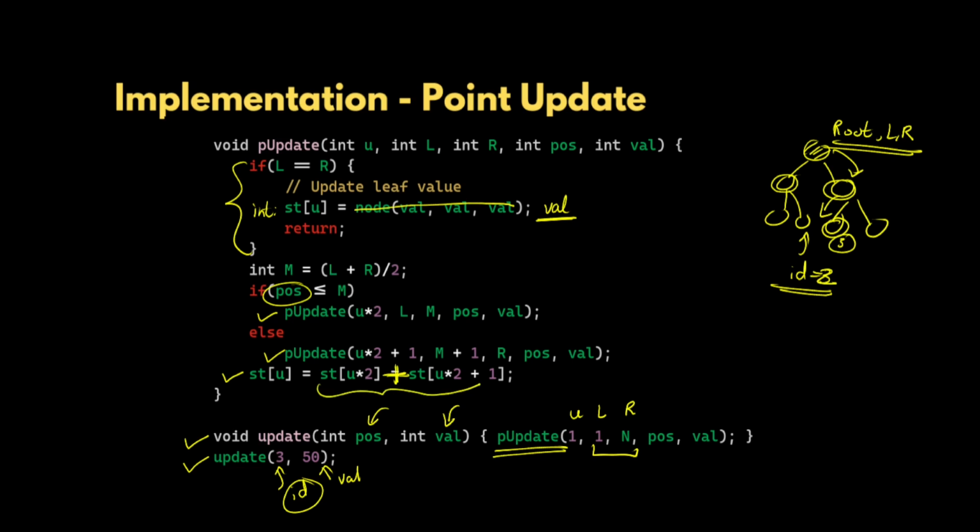Since we are storing the sum of nodes inside the segment tree, we will find out the values for all the nodes from the root to the node that we have updated. So let's say index 3 needs to be updated. We have updated it to 50 by recursively reaching it from the root to the node, but these values also need to be updated. Once this is done, this will be updated, this will be updated, and this will be updated based on this formula.